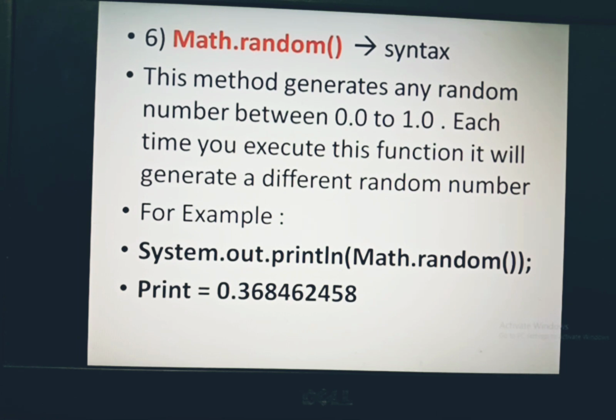For example, if I write System.out.println Math.random, it will generate a random number, and it can print any number, but the range is from 0.0 to 1.0. So this function is used to generate a random number between the given limits.